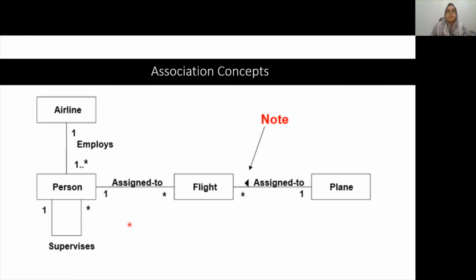But if you are going against the default direction, then you must add a readability arrow. For example, a plane assigned to flight. So here we have added a direction arrow. This particular association will be read as plane assigned to flight, and this particular association will be read as person assigned to flight by default.